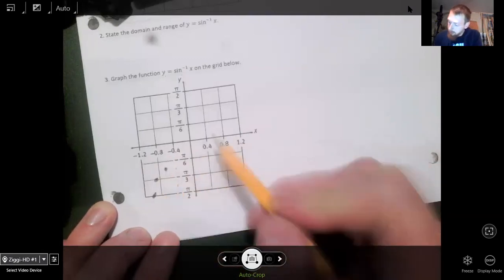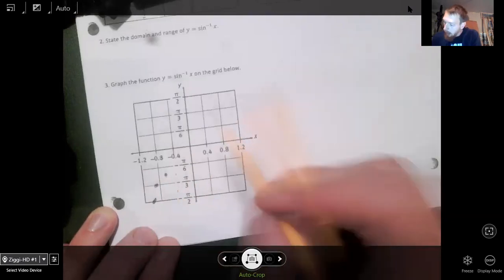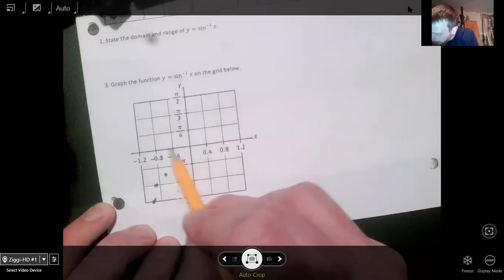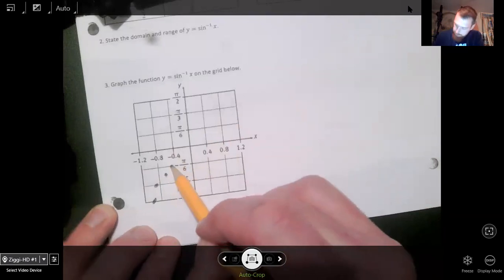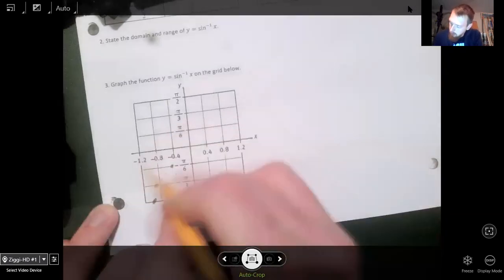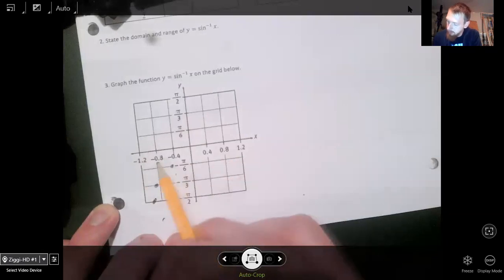We also got when x is -0.5, y is -pi/6. Let's see, I need to scoot that point further to the left. There we go. That's -0.8, that's -0.4, so that's -0.707.